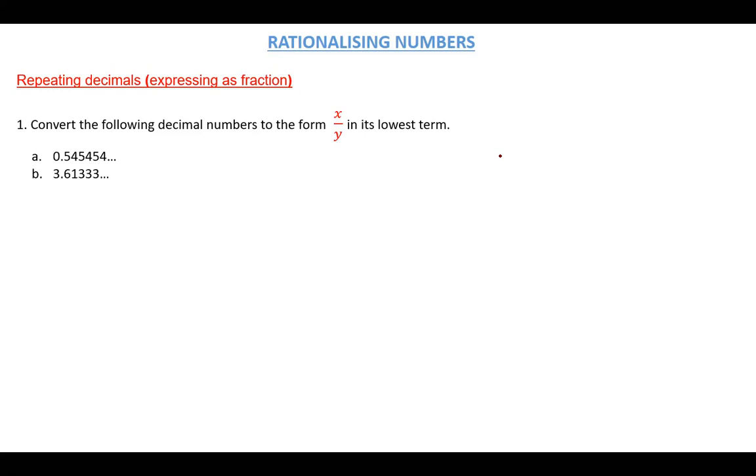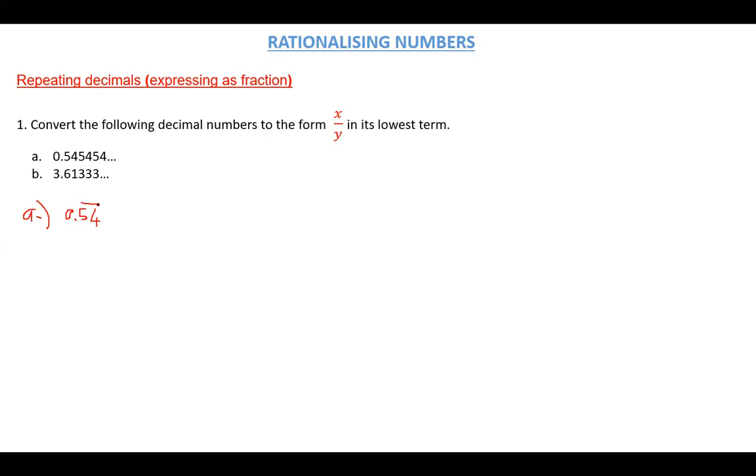So here I'm going to solve them bit by bit. I'll start with A. So A is saying 0.54, where what is repeating is 54, 54, 54, it goes like that.